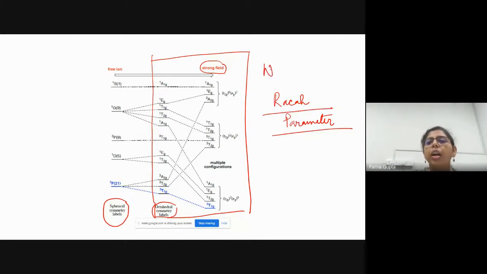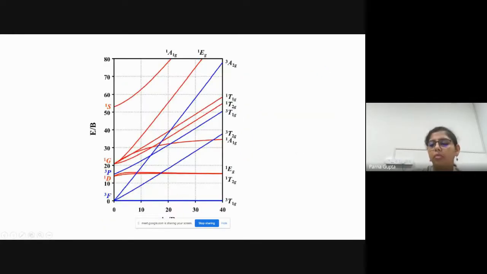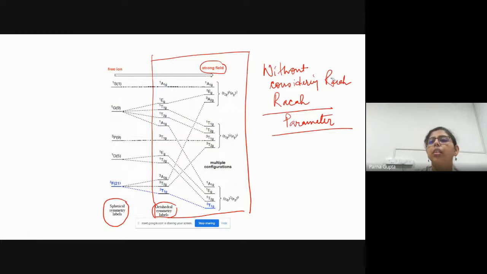So without considering the Racah parameter, this is the way it is written, and then with all the configurations, we have to look at what transitions are allowed according to the Laporte and spin selection rules, what the possible transitions are and what actually happens.